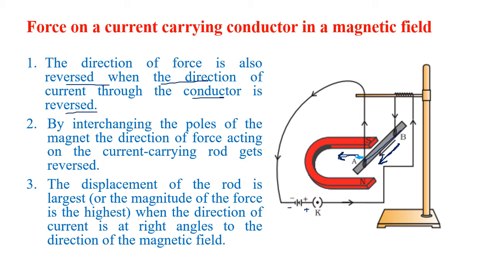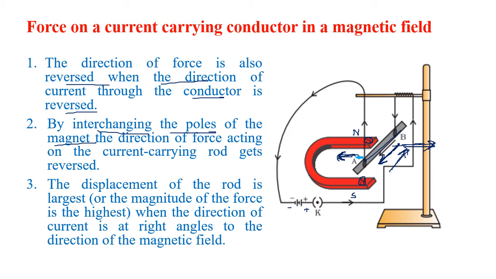So if the current was flowing from B to A and it went inside, when it flows from A to B, this wire should move outside. So reversing the direction of the current reverses the direction of the force also. This can also be done by interchanging the poles of the magnet. You can see this is north and this is south, and it is coming inside. So if I make this south and this north, then also it should go outside.